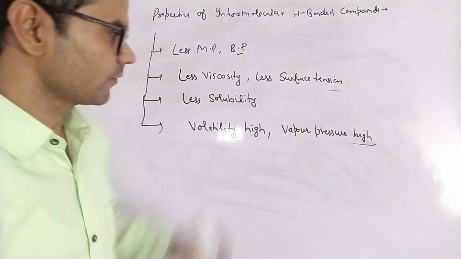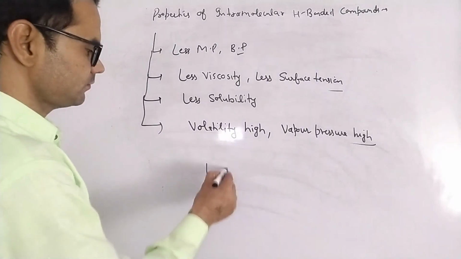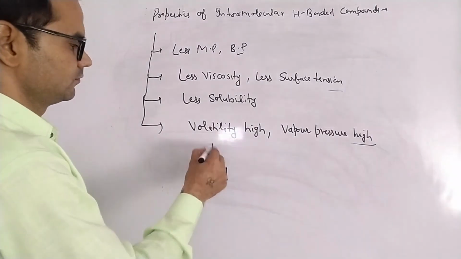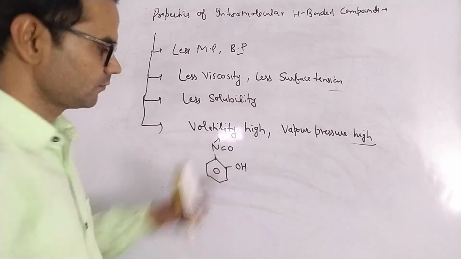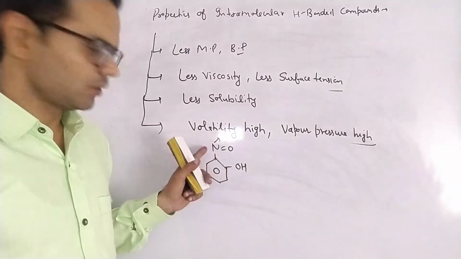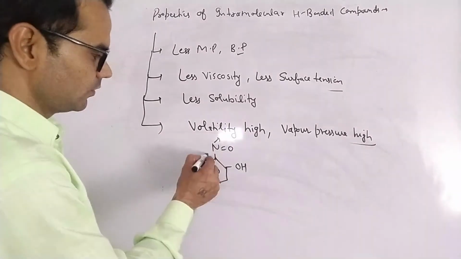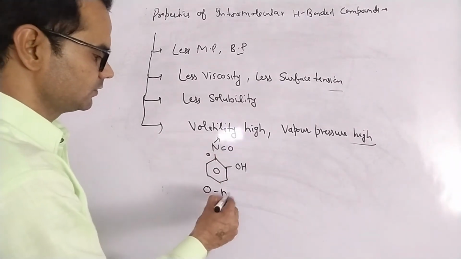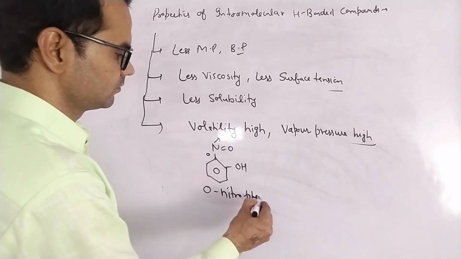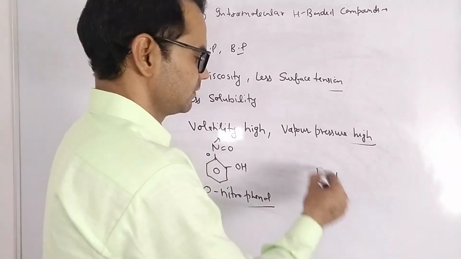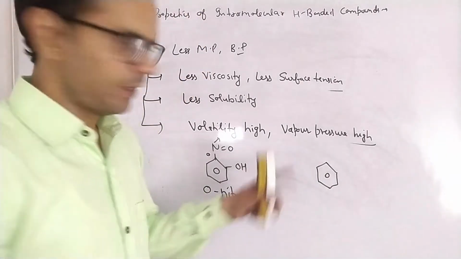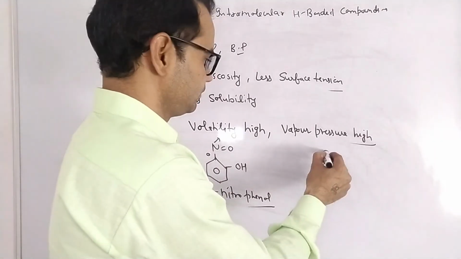For example, we have orthonitrophenol. This position is called ortho, and second we have paranitrophenol.